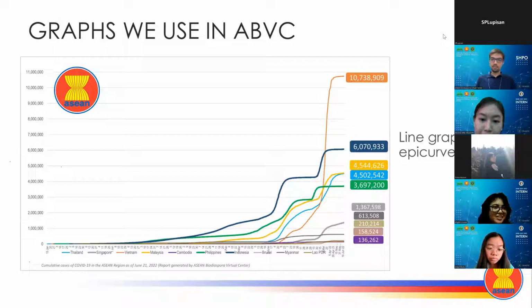So if you do the rankings, where does the Philippines rank in the ASEAN region in case fatality rate? Fourth highest. Is it fourth? Yeah, fourth highest out of the 10 member states.